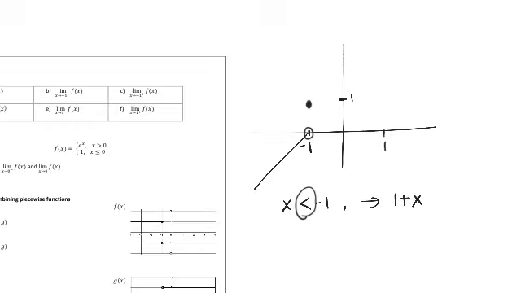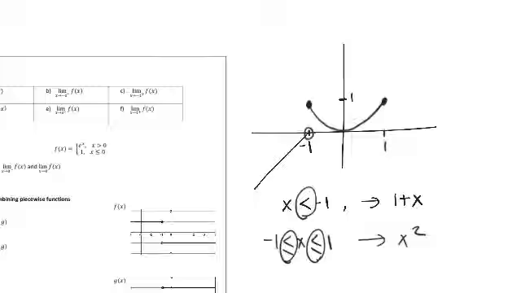The equation was written like this, right? Because of these greater than or equal to signs, it's a closed circle here and a closed circle here and a little parabola in between. And then the last part is the equation for x greater than 1, which is 2 minus x.